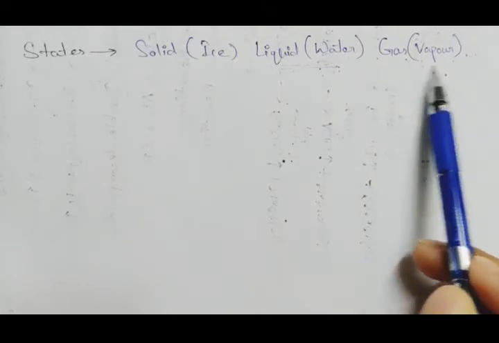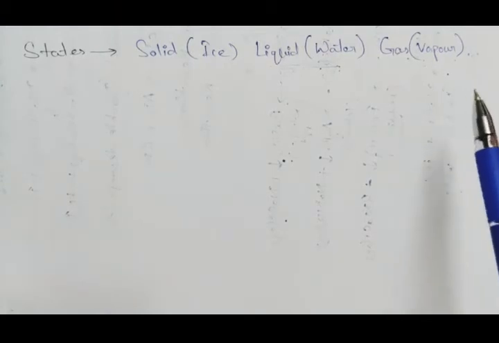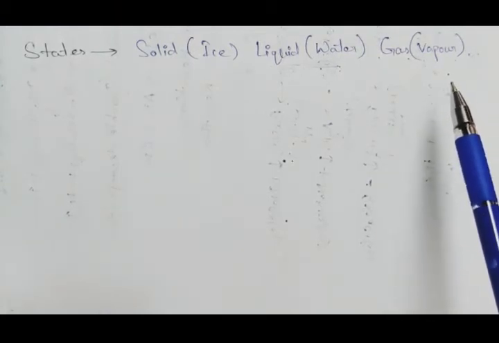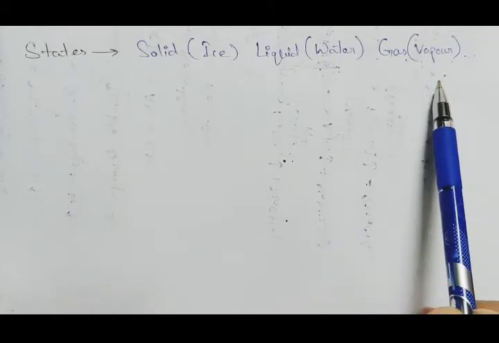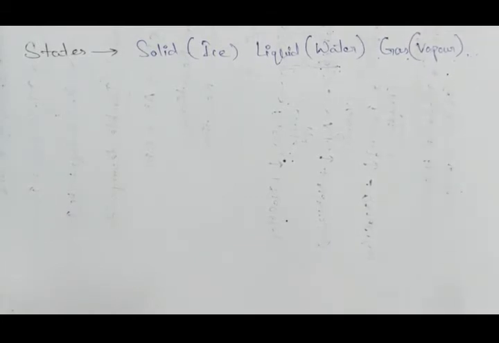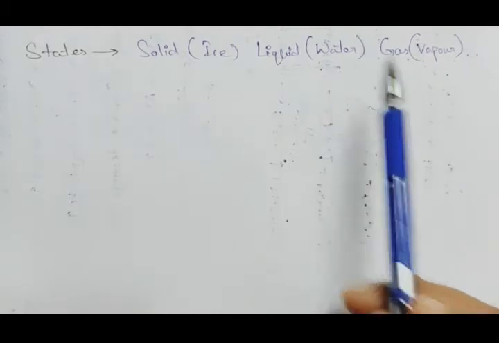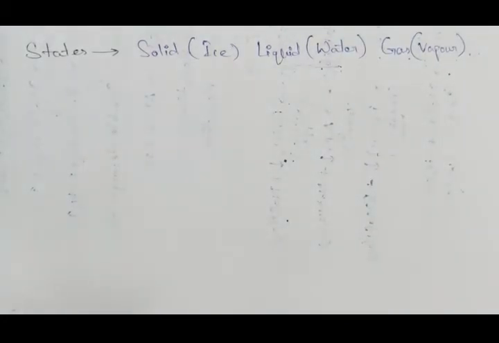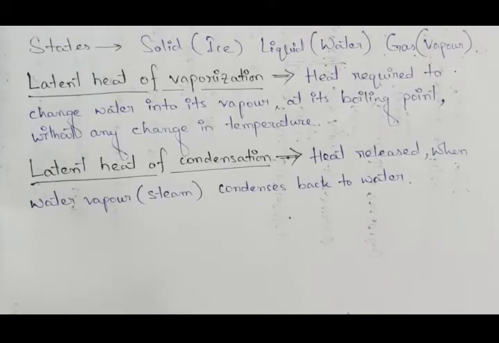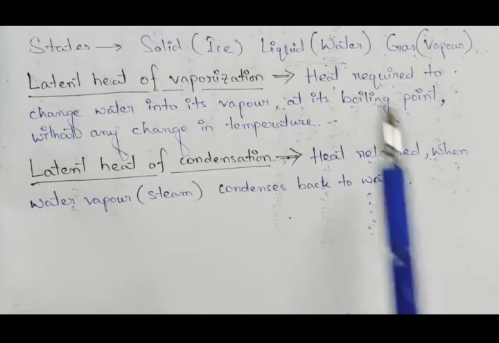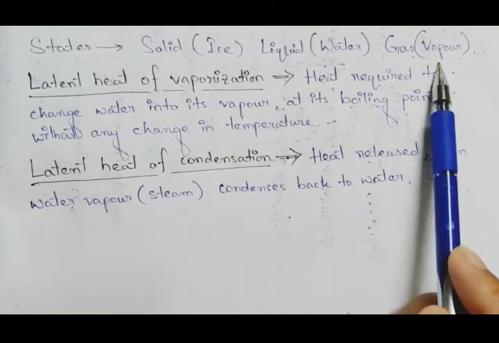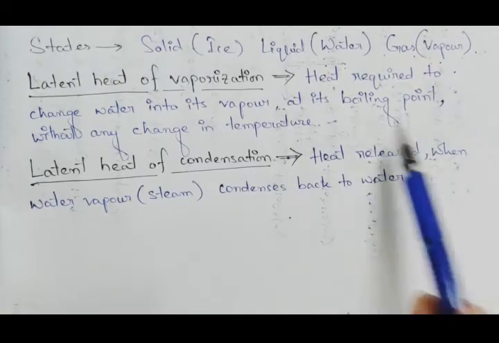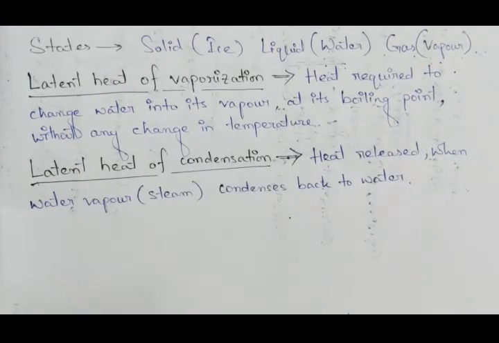And after formation of the gas, if those vapors are condensed, then some energy is released in the form of heat. So the heat energy which is released when the water vapor gets condensed to form liquid water, that heat is called the latent heat of condensation. Clear? So latent heat of vaporization is the heat required to change the water into its vapor state at its boiling point without any change in the temperature.